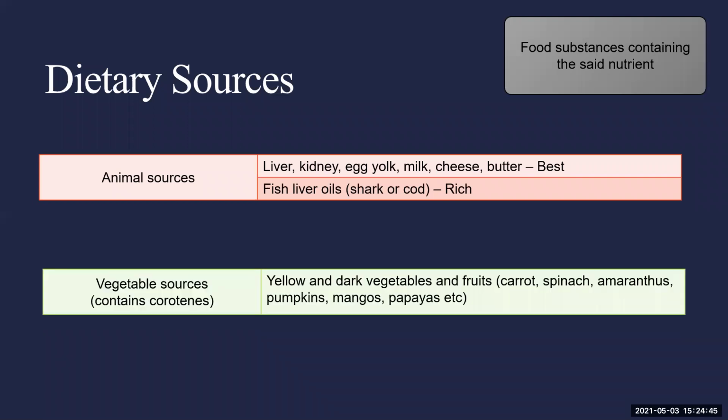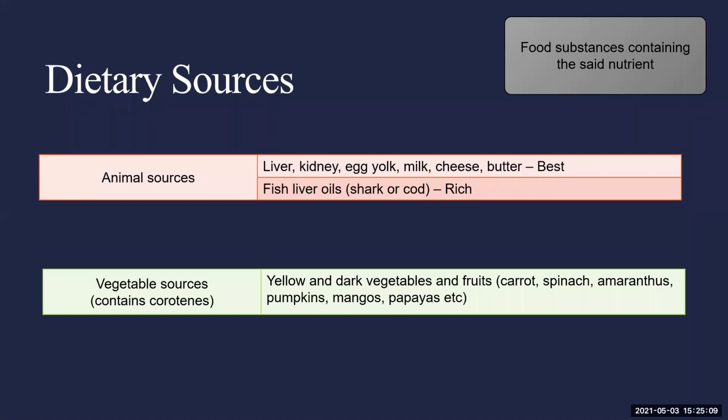At the same time, vegetable sources contain mainly carotenes. We have to take yellow and dark vegetables and fruits for this: fruits such as mangoes and papayas, and vegetables such as carrots, spinach, pumpkins, etc. Please understand this. Animal sources are best and rich.